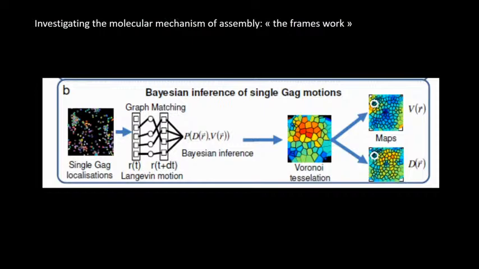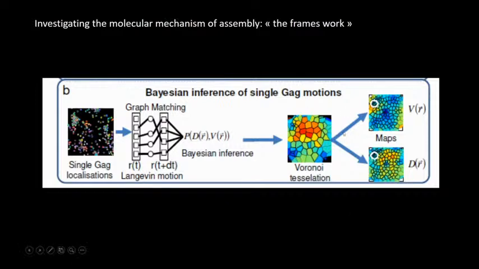After graph matching to recognize the trajectories, we perform Bayesian inference, and then we tessellate the map of the localization in order to end up in areas where the average number of trajectories are equivalent to each other. This is inherent to the Bayesian method to be correctly performed.